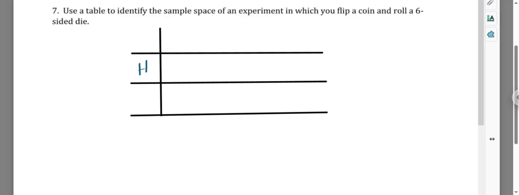So we have heads, tails. So do they identify which one happens first? No. So if you put the dice roll on this, as long as you've identified what you're doing first, it's fine.